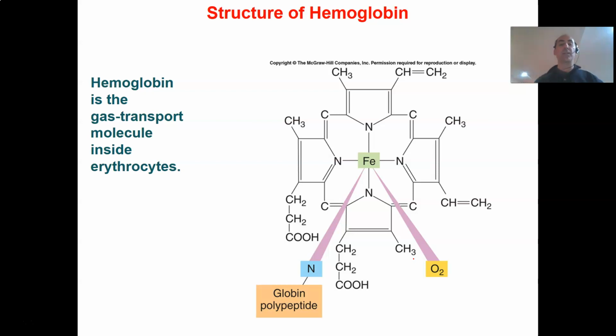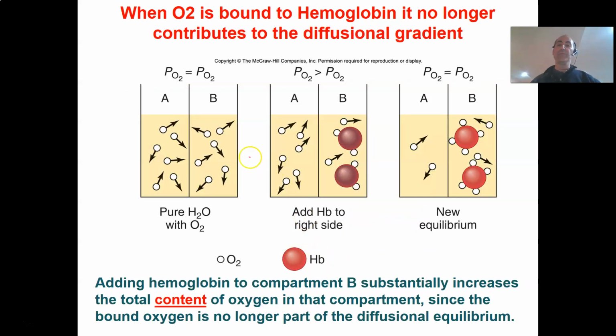You don't need to memorize this structure. This is just a general picture to show you what hemoglobin looks like. When O2 is bound to hemoglobin, it no longer contributes to the diffusional gradient, therefore it doesn't apply to pressure. And here's a set of diagrams that show you this. When PO2 equals PO2 in both chambers, you have an equal number of molecules on both sides, 1, 2, 3, 4, 5, 6, 1, 2, 3, 4, 5, 6.